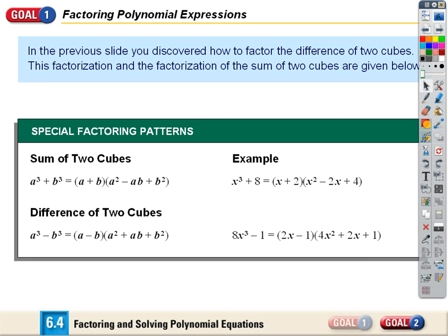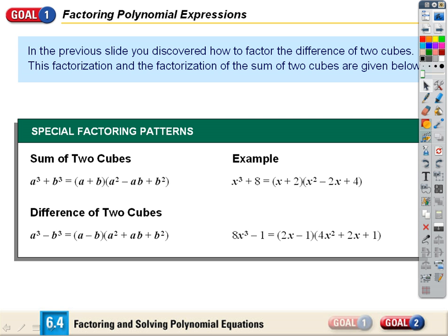And then if I were to substitute a negative B into this one, every place I had a B, I would get the other factoring pattern, difference of cubes. A cubed minus B cubed always factors into A minus B times A squared plus AB plus B squared. And we'll look at those in more detail here in a second.